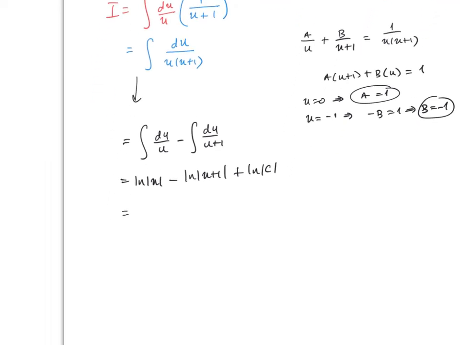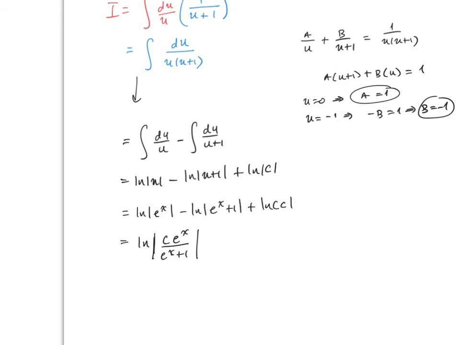And then you have to change back to u. Remember, u was equal to e to the x. And this, therefore, is e to the x plus 1. And this is ln of c. And you can rewrite everything as a single log as follows: ln of c e to the x over e to the x plus 1.